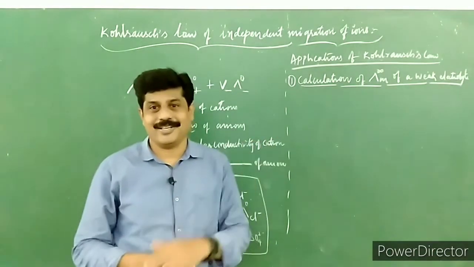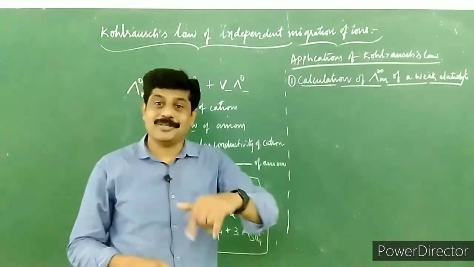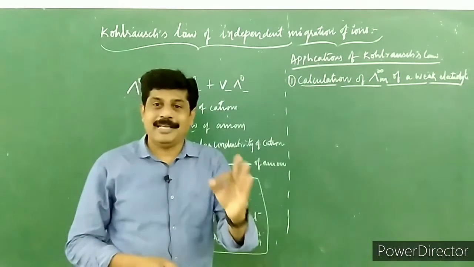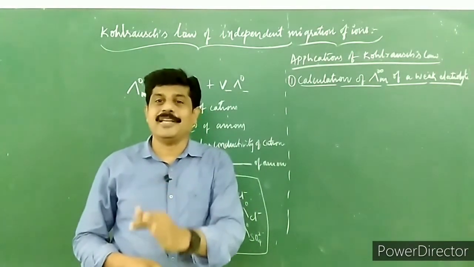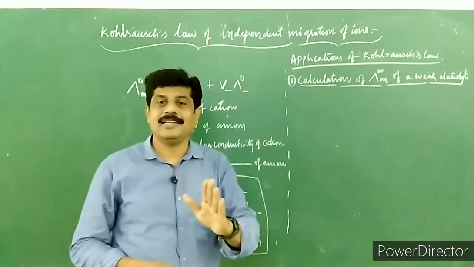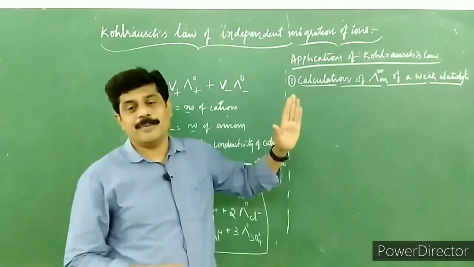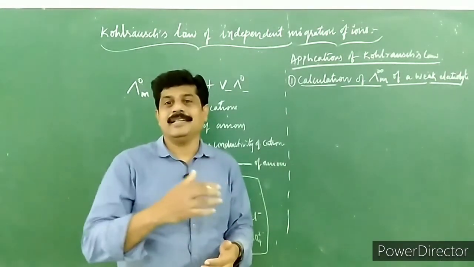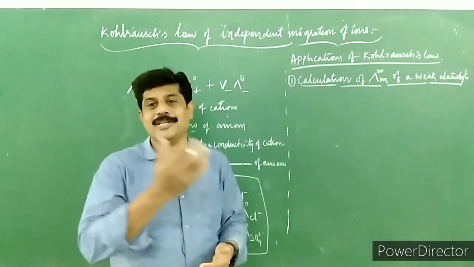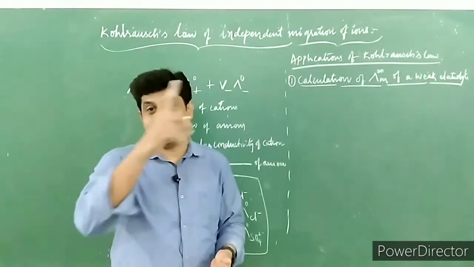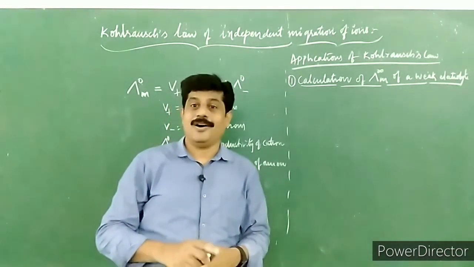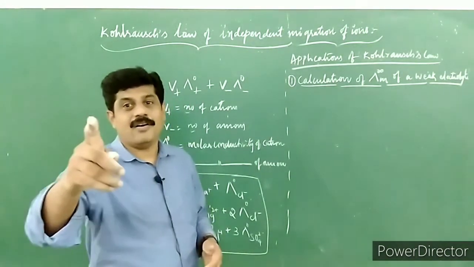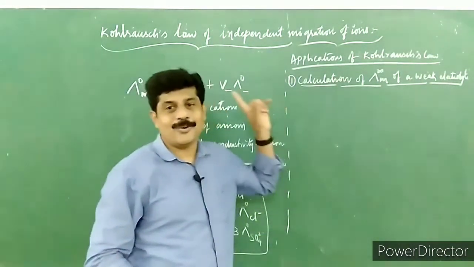Whereas it is not possible for a weak electrolyte, because you have seen that the graph was almost parallel to the y-axis. It is not possible to extend the graph of a weak electrolyte to zero concentration. But you can calculate the limiting molar conductivity of a weak electrolyte by using Kohlrausch law.